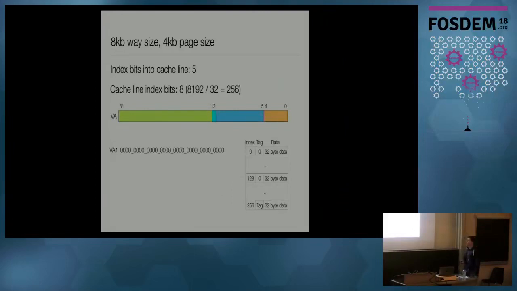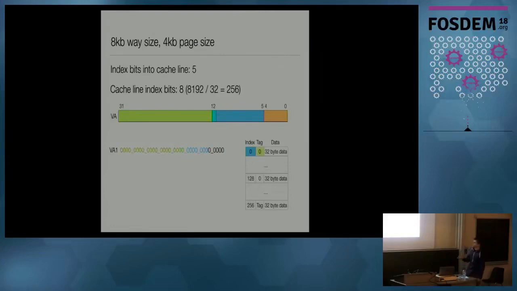So imagine we have the physical page 0 mapped to 2 different virtual addresses. The first virtual address, for the sake of simplicity, is the virtual address 0. So we take our 8 bits of cache line index, and because it's 0, we are at index 0 here.